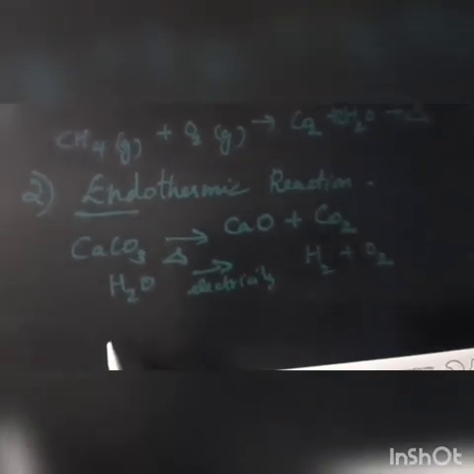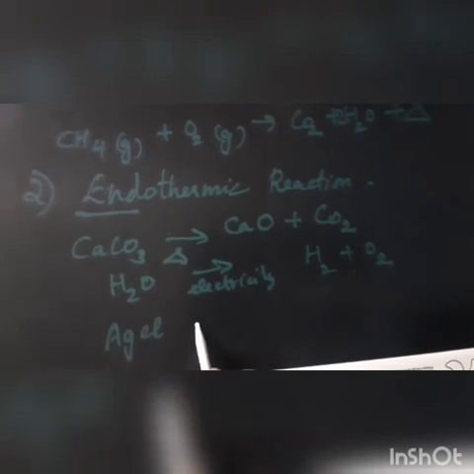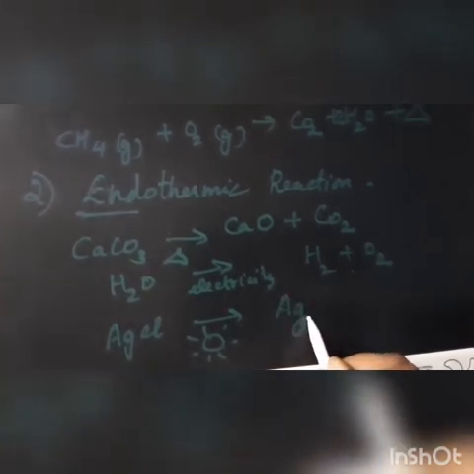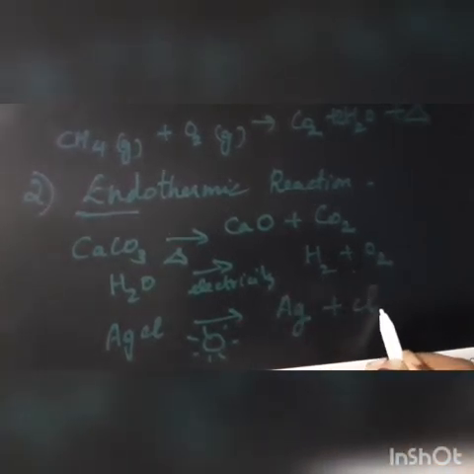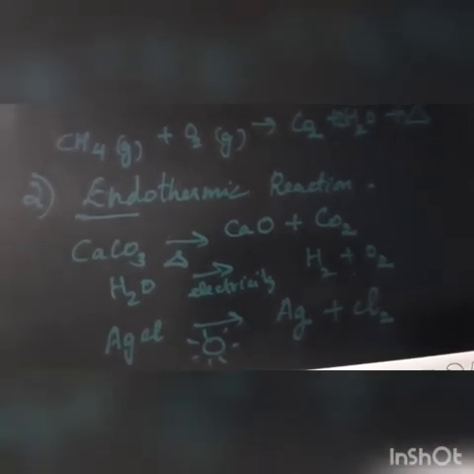And the last one, AgCl, that means silver chloride, in the presence of sunlight splits into silver and chlorine. So these are the endothermic reactions.